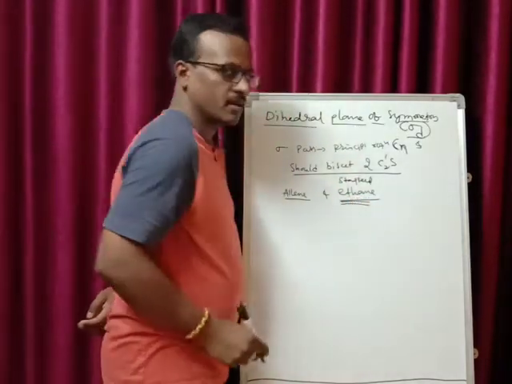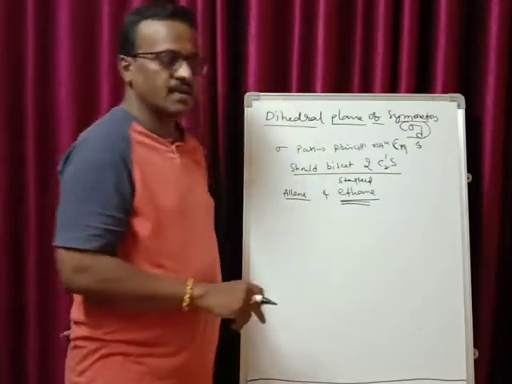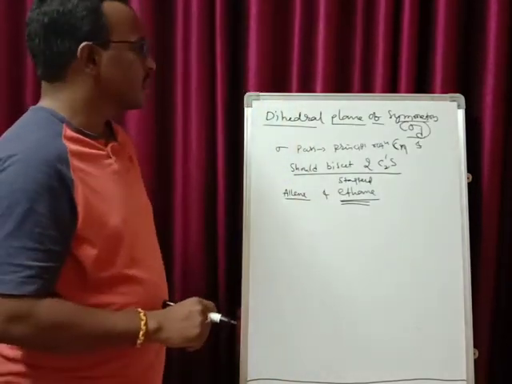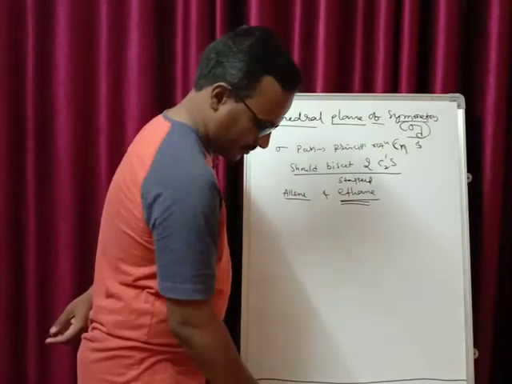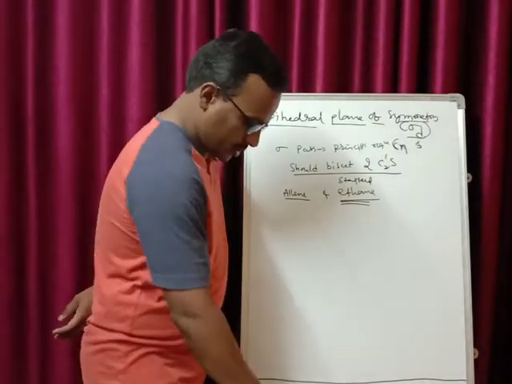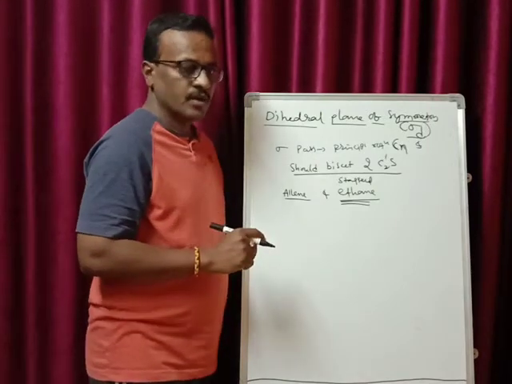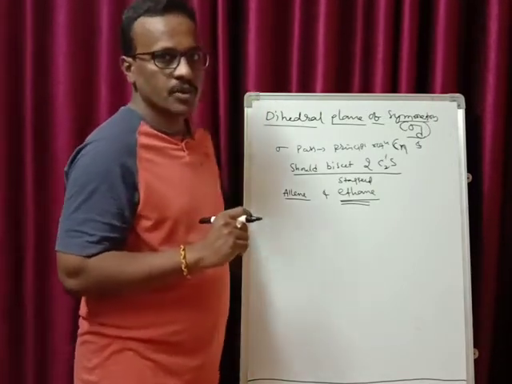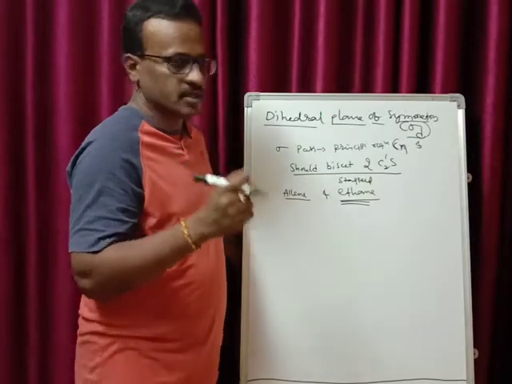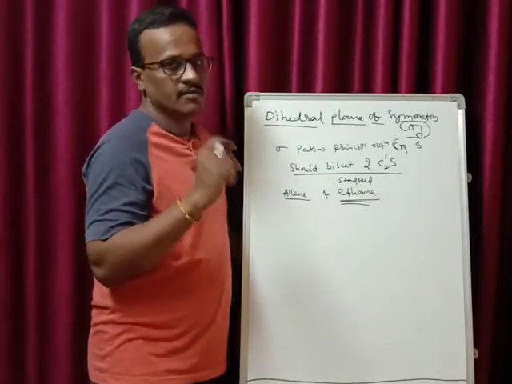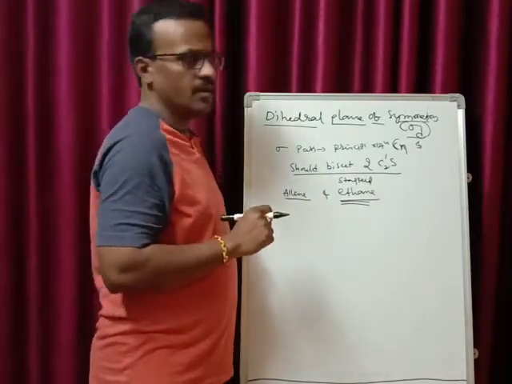Staggered ethane and allene molecules both have dihedral planes of symmetry. Now, I just wanted to give you an idea regarding the allene molecule, not going deep into that. I'll add a link where you can see the allene molecule and how the sigma d planes are passing in the allene molecule.